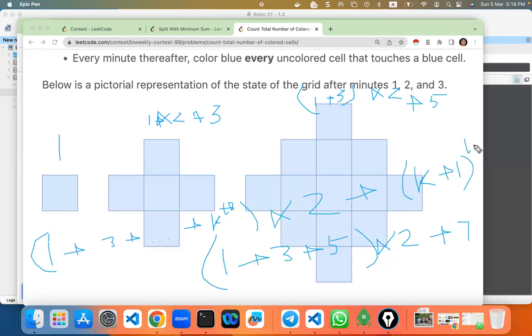If there are n numbers, then the sum of n minus 1 odd natural numbers into 2, plus the nth odd number, gives the answer. Got it. Nice.